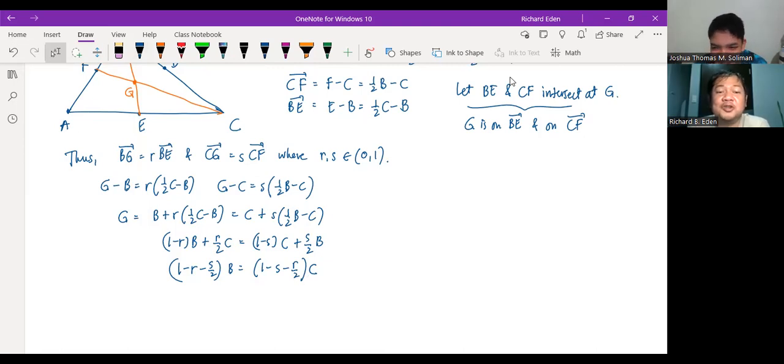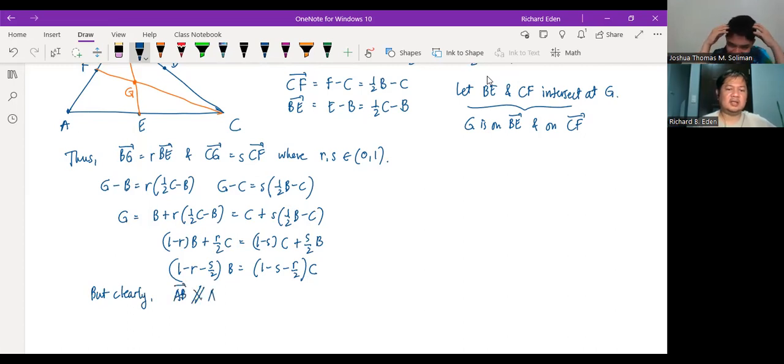But of course, B and C are not parallel. But clearly, okay, AB and AC are not parallel.